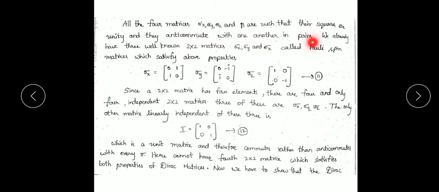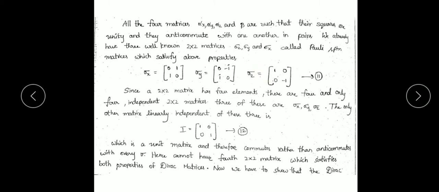We also found these anti-commutation relations in the previous Dirac's relativistic equation: alpha x beta plus beta alpha x equals 0, or alpha x alpha y plus alpha y alpha x equals 0, and so on. That is anti-commutation. If AB minus BA is equal to 0, that is commutation.